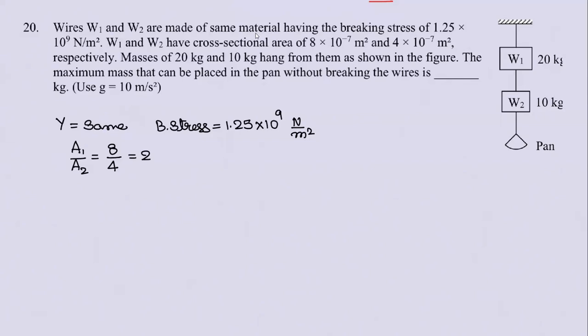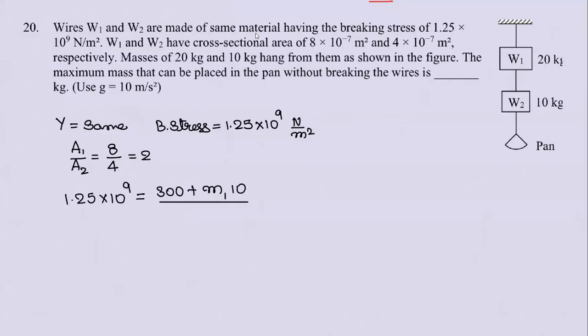Yeah, we continue. W1, W2 is 30 into G, 300. I'm going for the first one. This string. Breaking stress 1.25 into 10 power 9 is equal to force by area. Force is 20 plus 10, 30. 30 into G, which is 10, so 300, plus mass in the pan, M or M1, into G is 10. This is force by area.